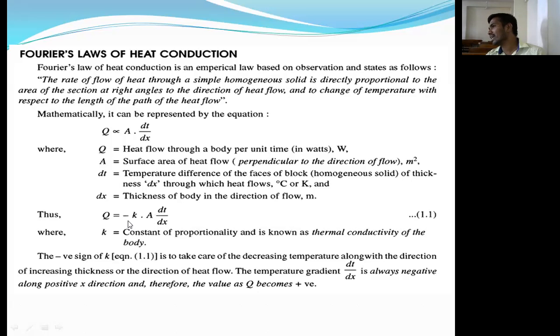If you take the negative sign, what is the meaning of dT? It is T2 minus T1. And if you take the positive sign, what is the value of dT? T1 minus T2. So this is about Fourier's law of heat conduction.